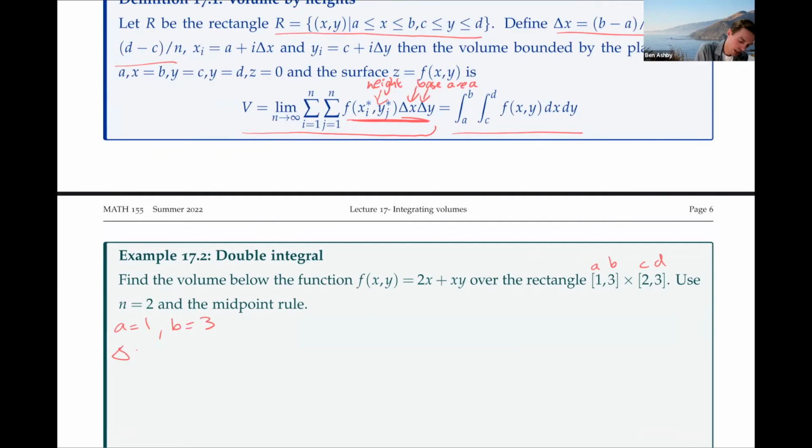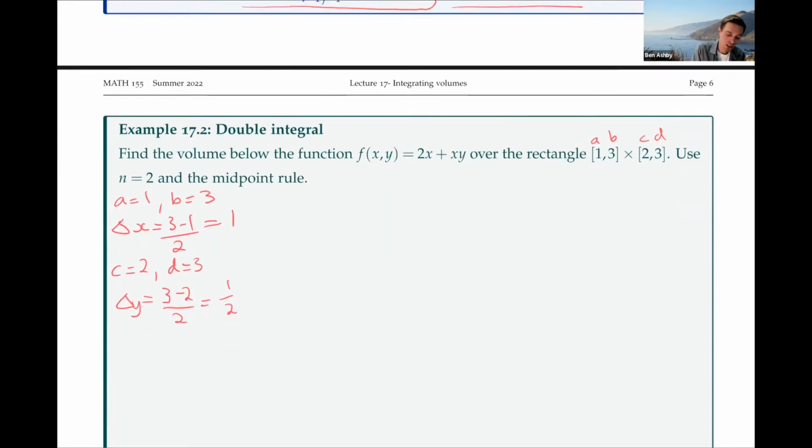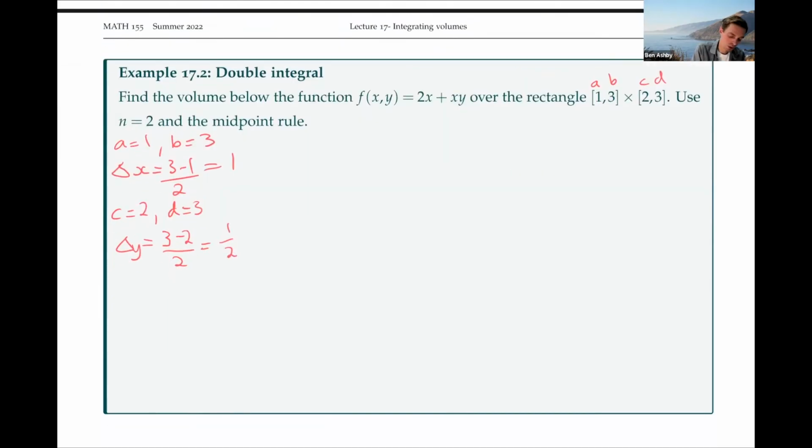So our delta X is going to be B minus A, which is 3 minus 1 over 2, which is just equal to 1. And then our C is equal to 2 and D is equal to 3. So this means that our delta Y is going to be equal to 3 minus 2 over 2, which is a half.